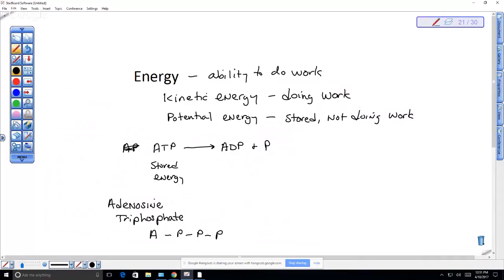Okay. This ADP stands for adenine diphosphate. Plus a phosphate. Okay, so what this means is that now there's only 2 phosphate groups attached. That's 2 P's.